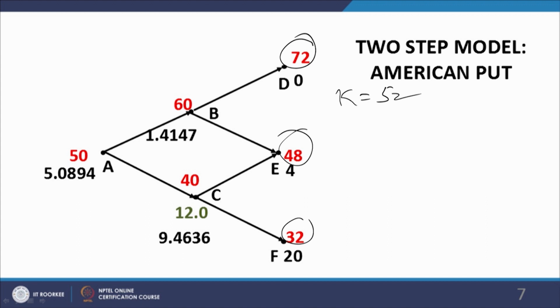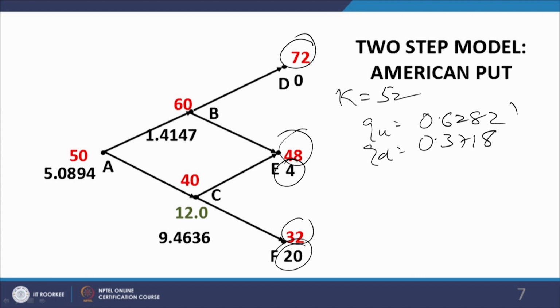At this point, because K is 52 and the stock price is 48, the option will be exercised, yielding a payoff of 4, and similarly the payoff at the point F will be 20. Now, using this data and using qu and qd, which if you recall are equal to 0.6282 and 0.3718. These are the values of the probabilities, and they are the same across the various segments of the tree because u and d, that is the percentage up jump and the percentage down jump, are the same in each case. Right.